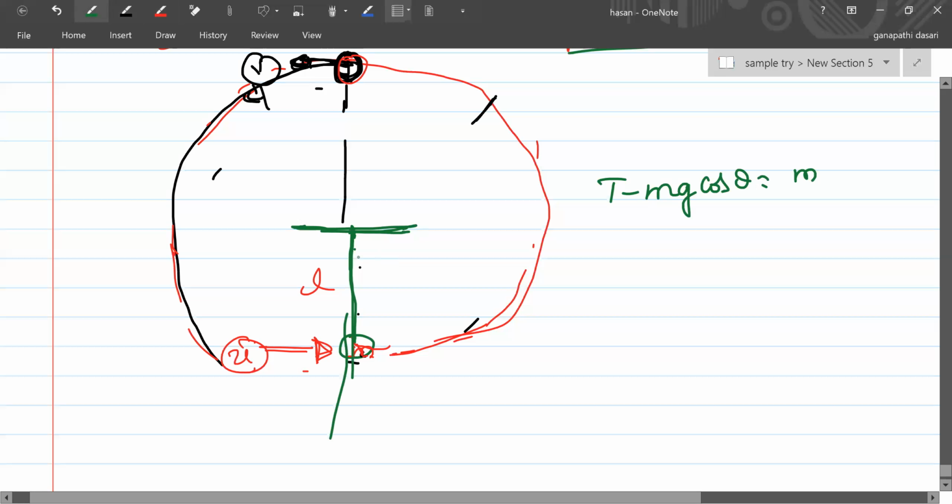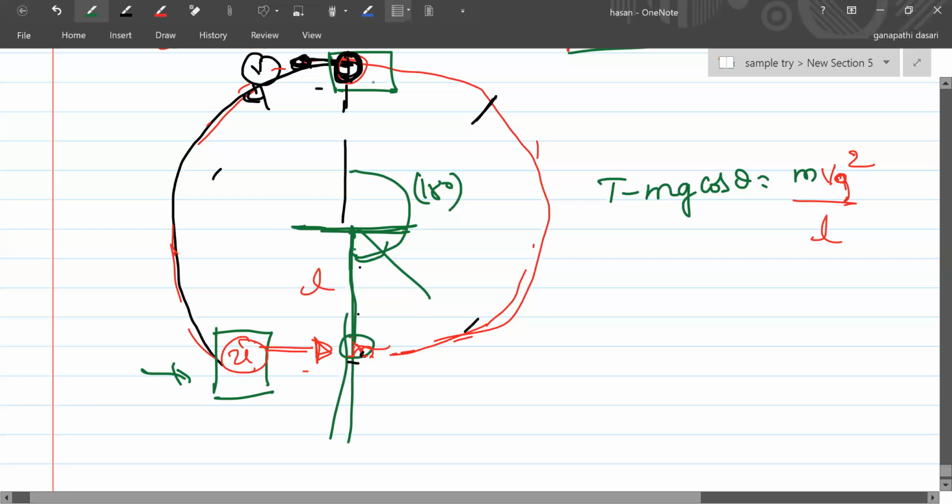But what is the minimum tension? Suppose I am trying to find the minimum velocity here. If the velocity should be minimum here, the velocity given at the bottom should also be minimum, right? If the given velocity is less, then slowly as it goes up, the velocity at the top point will become minimum. Now, to make this minimum, mg is fixed and we cannot change it.